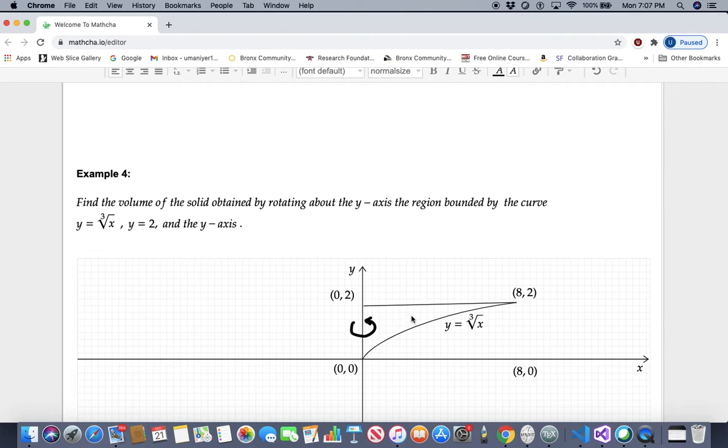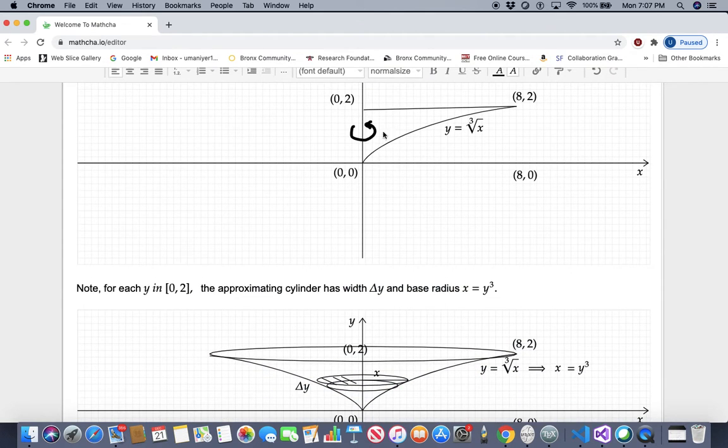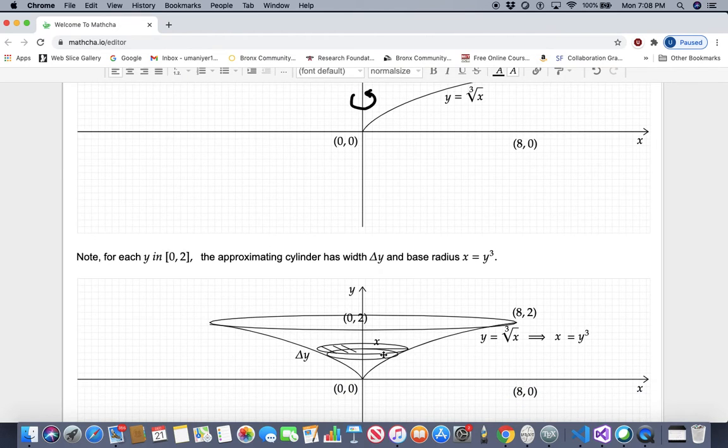I'm going to take the region in between these three boundaries and rotate it about the y-axis. When I rotate that, that is the solid I get: a funny cone-shaped, funnel-shaped solid. Find the volume of this solid.